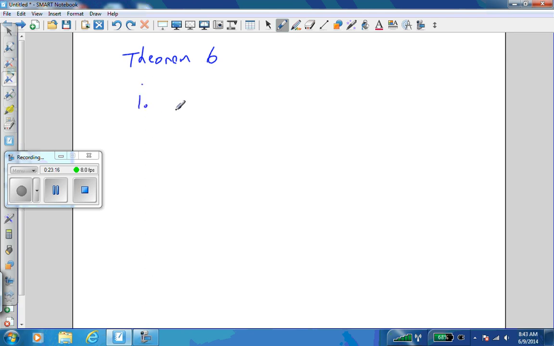So the first statement is A is invertible. So basically, if A is invertible, then the other 5 statements are true. If A is not invertible, then the other ones may not be true. Or, I'm sorry, then all of the other ones are not true.